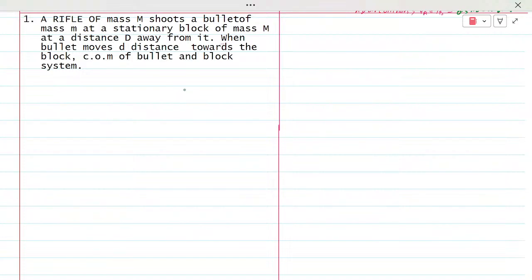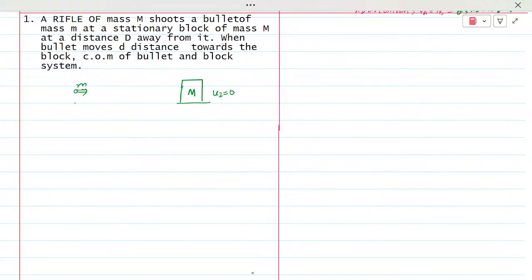Now see this answer. There is a block of mass capital M, which is at rest, that means u2 is equal to 0, initially at rest. And here is the rifle shooting the bullet of mass small m.